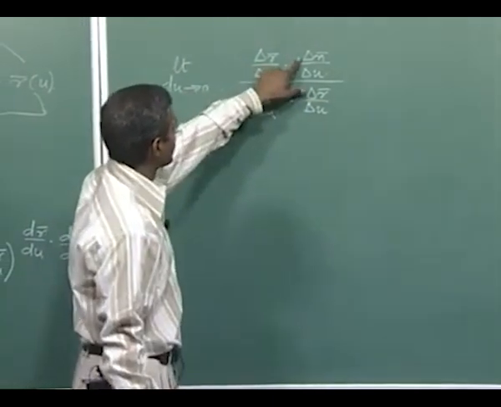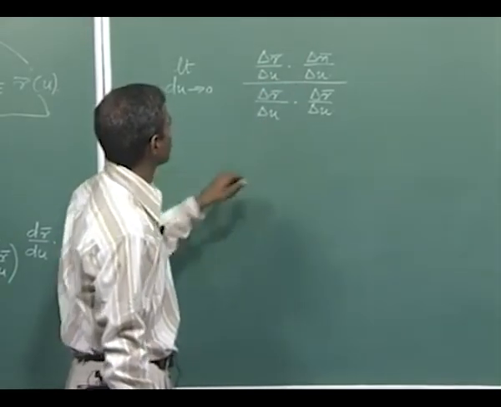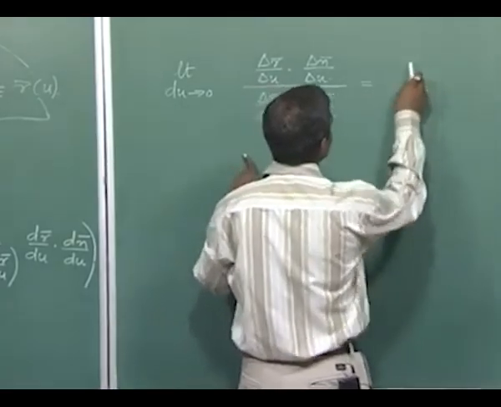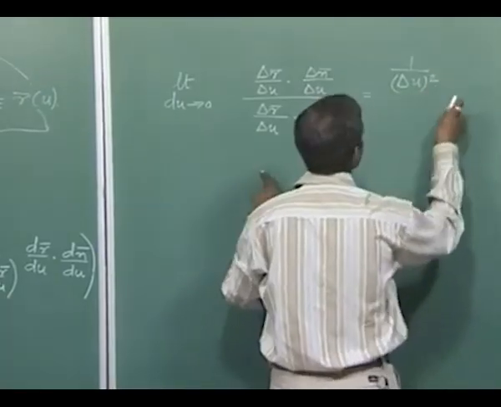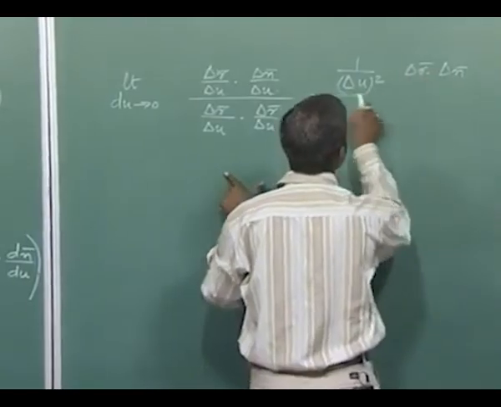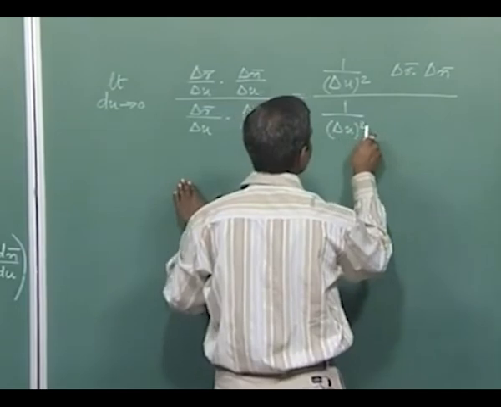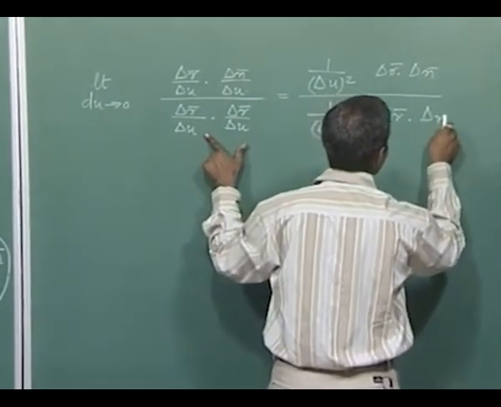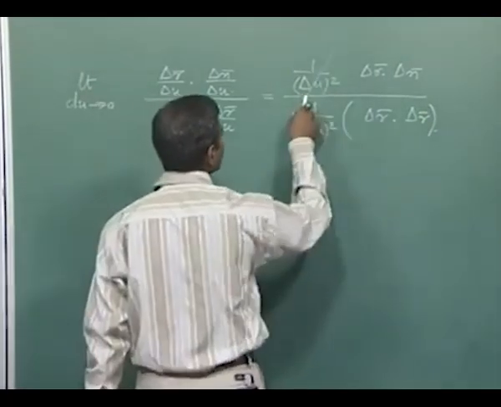The numerators are vectors here, while the denominators are scalars. Maybe I can take the scalars away, and write this as 1 over delta u square delta r dotted with delta n over 1 over delta u square delta r dotted with delta r. I can cancel these.